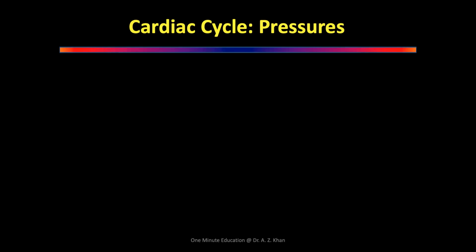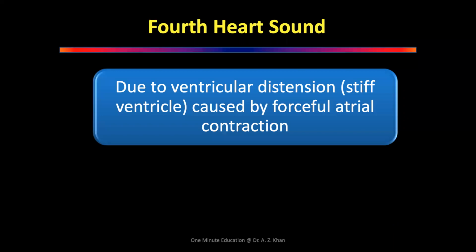X-axis is time. Y-axis is pressure. Time moves from 0 to 0.8. Y-axis moves from 0 to 120. And the first diagram that you're going to draw is ventricular pressure. I want you to show me what happens in the ventricle. Keep going.